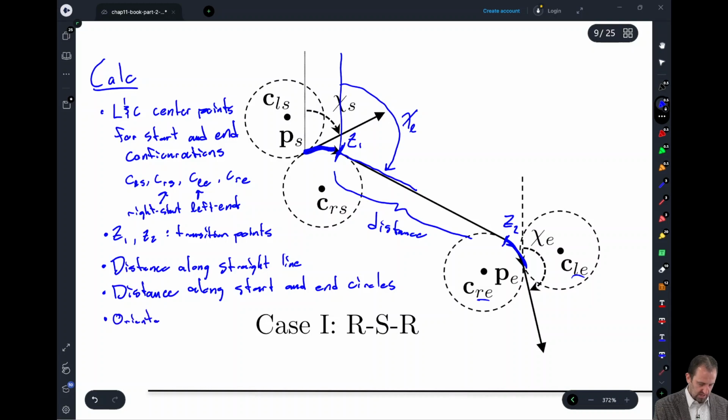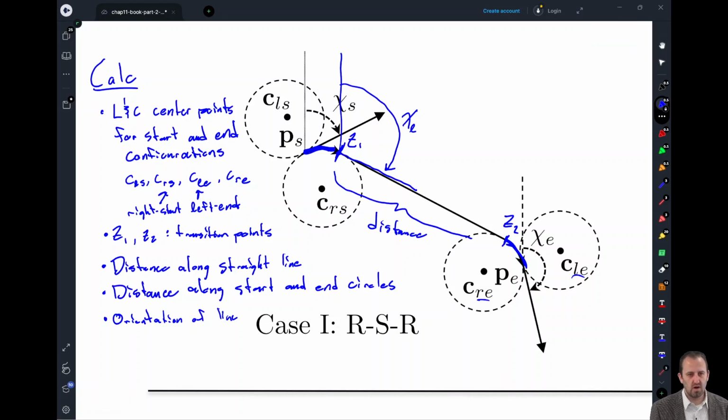A lot of these things are related. For example, if we were able to get Z2 and Z1 right off the bat, then we could calculate almost everything else really quickly. So things are very related, but we're going to have to know all of these things to be able to calculate our path distance.